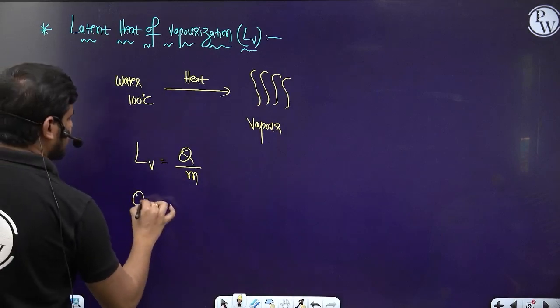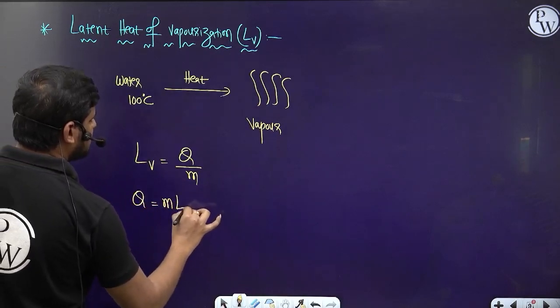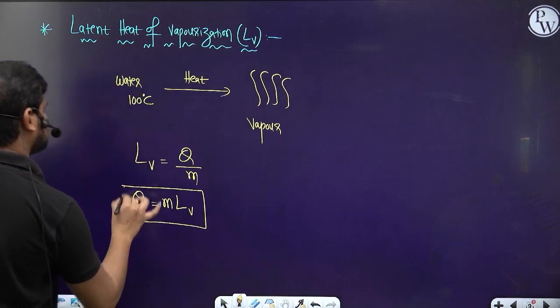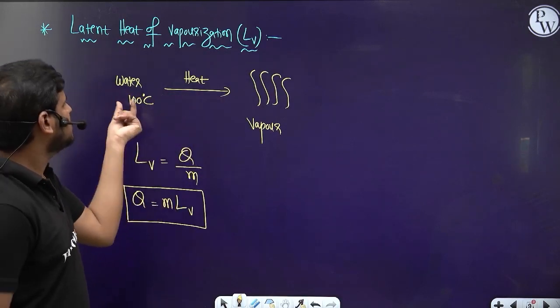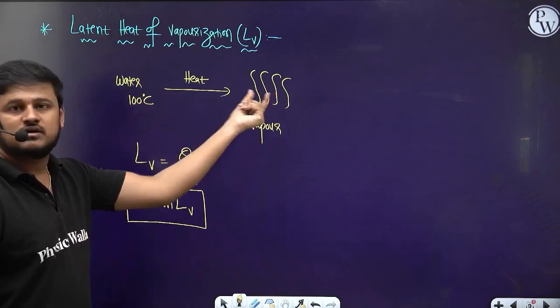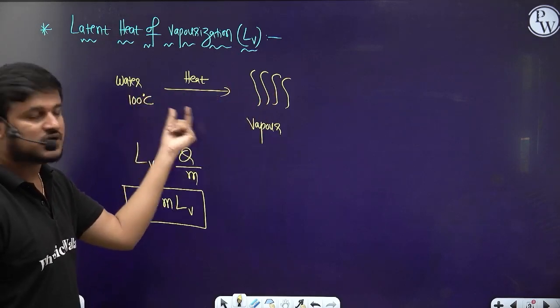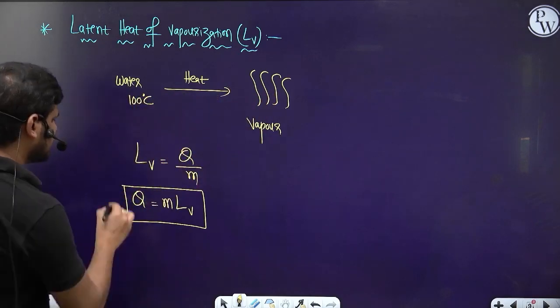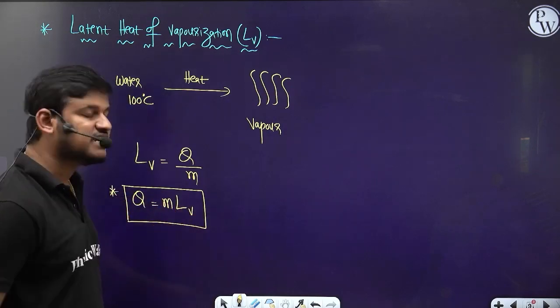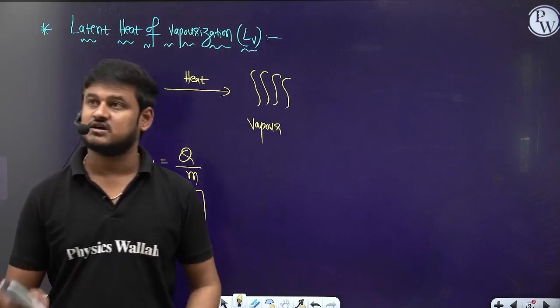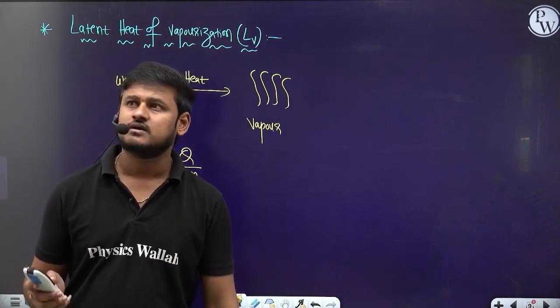Then the heat will be equal to M into LV. So the heat will be absorbed, and then the change in state occurs from water to vapor. Done, guys. So Q is equal to M into LV, where LV is the latent heat of vaporization. Done.